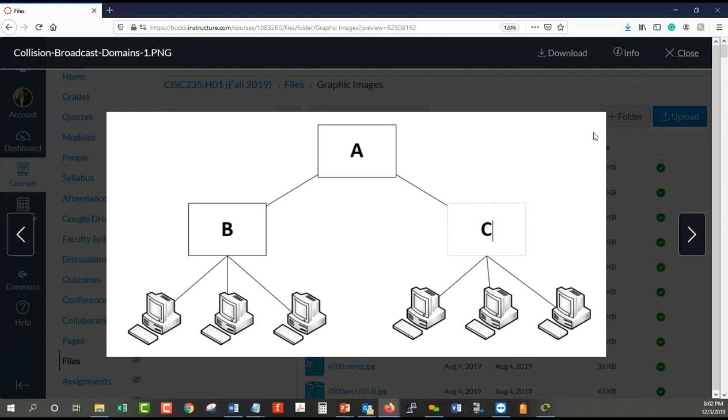All right, so A is a switch, and B and C are hubs. So Sharon is going to go for 4 collision domains. Okay? Greg, you're saying 2. And let's see, Patrick, what are you saying?